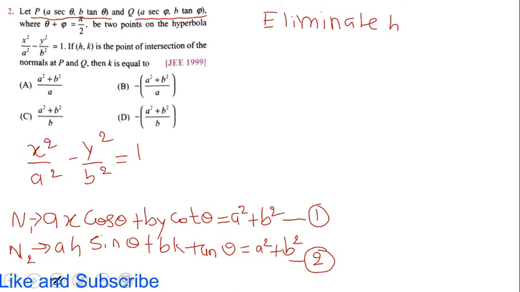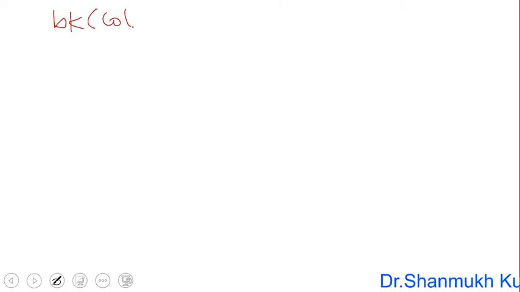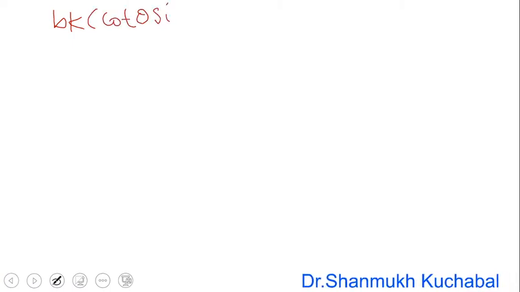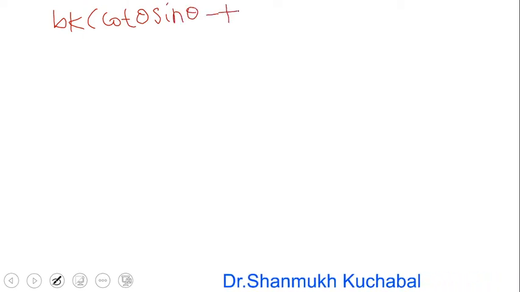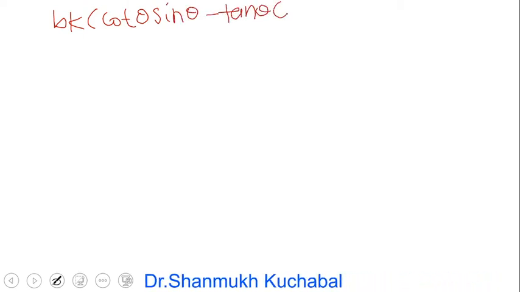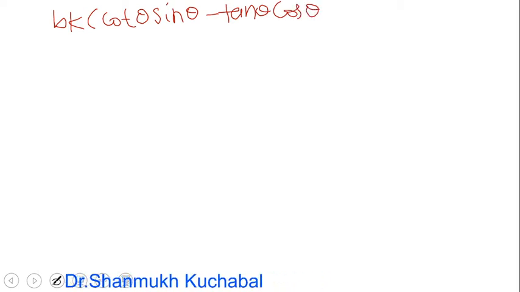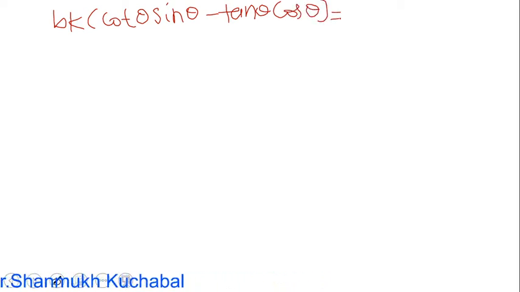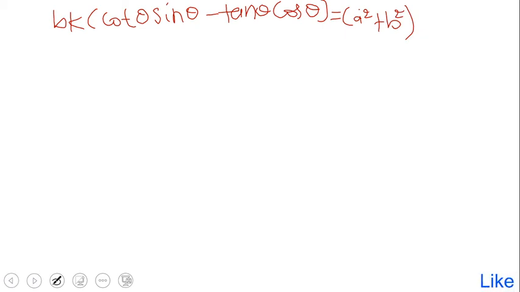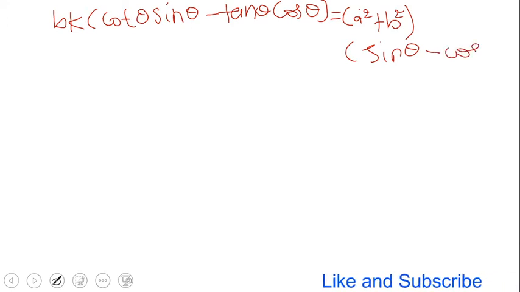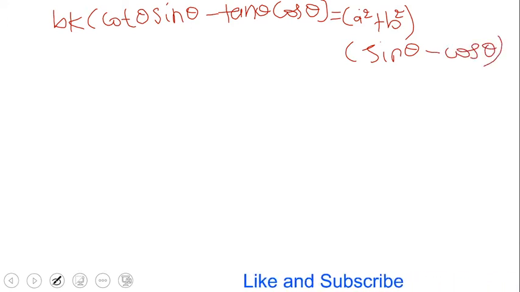So eliminating h, we get this expression: bk multiplied by (cot theta sin theta minus tan theta cos theta) equal to (a square plus b square) multiplied by (sin theta minus cos theta). We get this one.